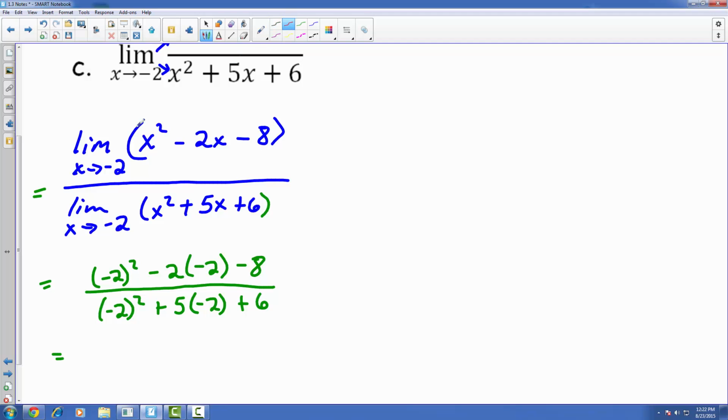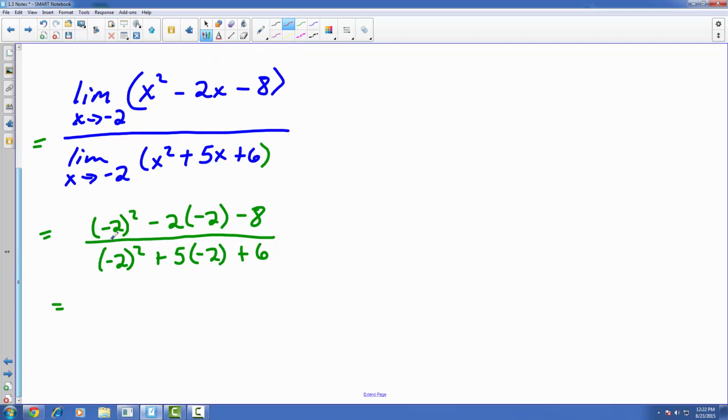And as a result, we end up with -2 squared is 4, plus 4 minus 8, all over 4 minus 10 plus 6. So just simplifying this, we'll end up with 0 on top, over, this will come out to be -6 plus 6. So then that just comes out to be 0.